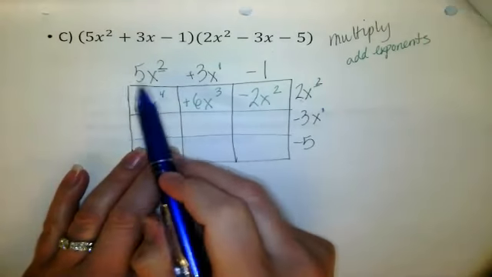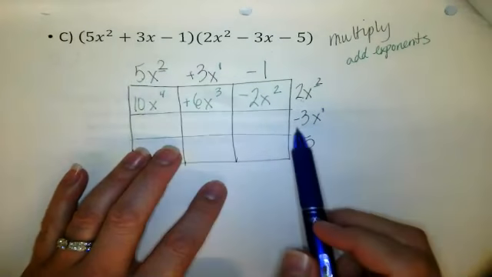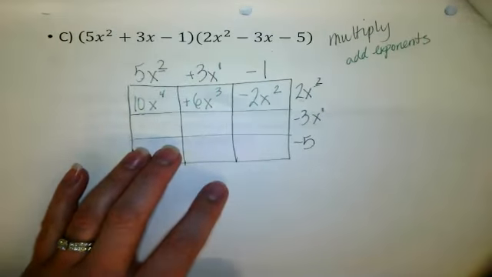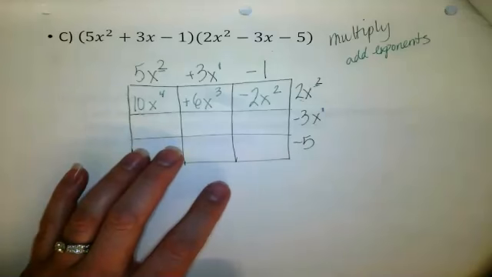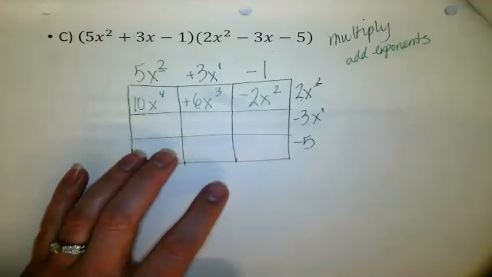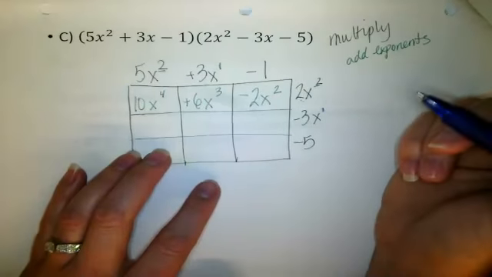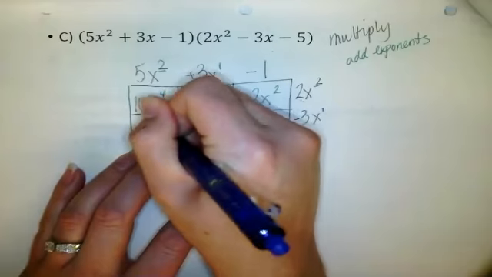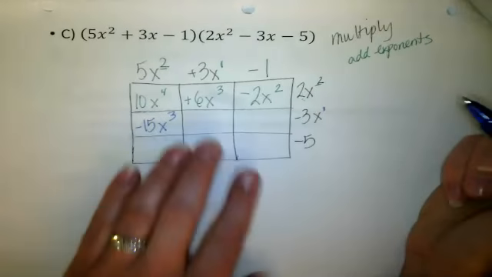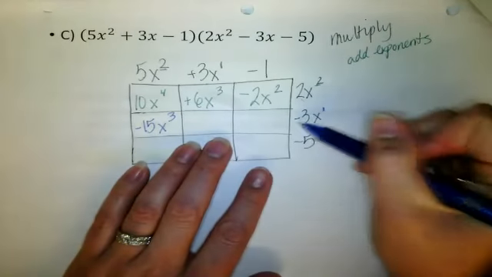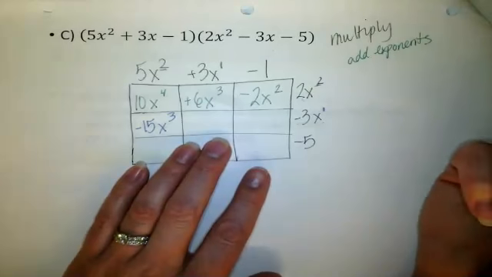5x squared times negative 3x to the first is what? Negative 15x cubed. Very good. 3x times negative 3x is?